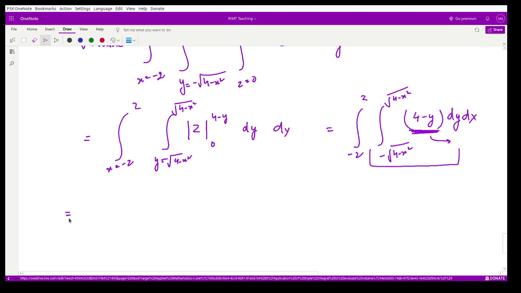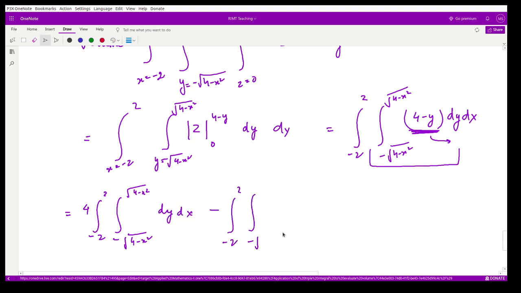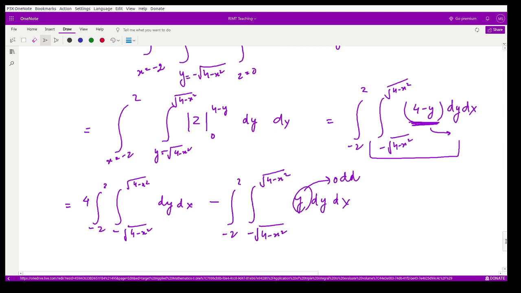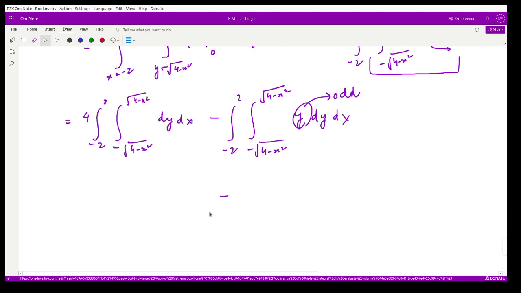So here what we will do, we can separate out these terms: the integral from minus 2 to 2, minus square root of 4 minus x square to square root of 4 minus x square, of 4 dy dx, and then we have minus the integral from minus 2 to 2, minus square root of 4 minus x square to square root of 4 minus x square, of y dy dx. Now because this is an odd function, its integration from same limit to same limit becomes 0.